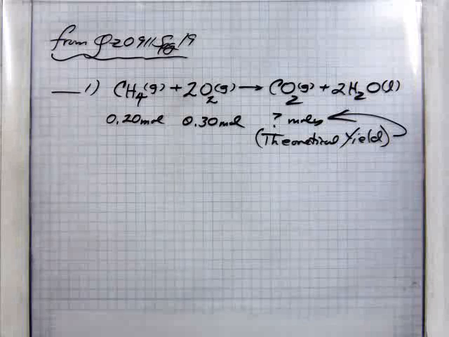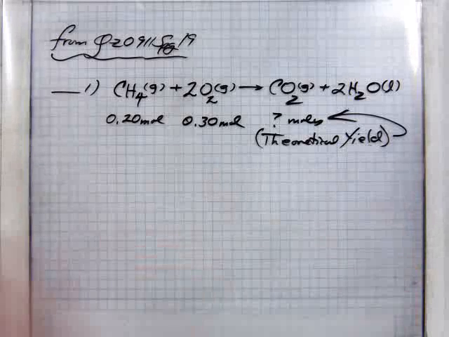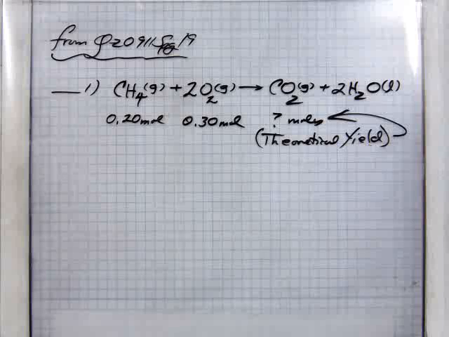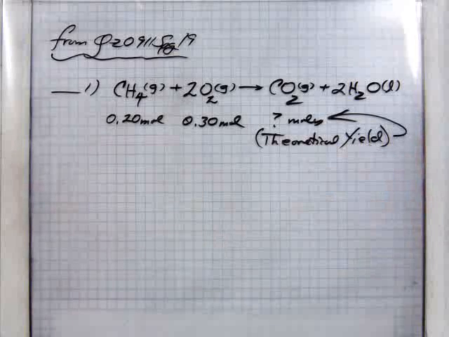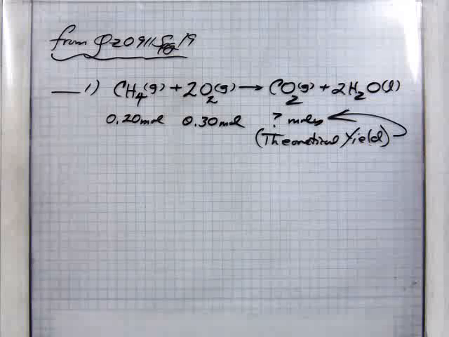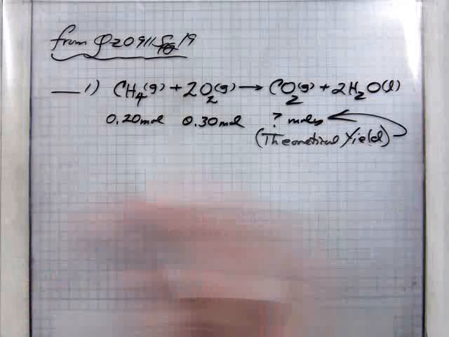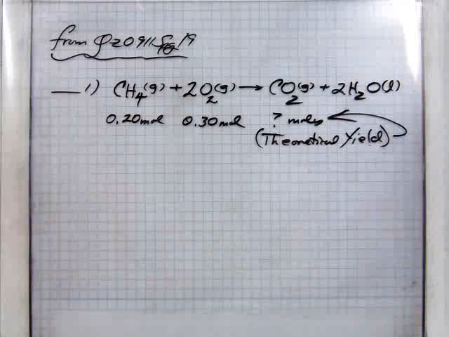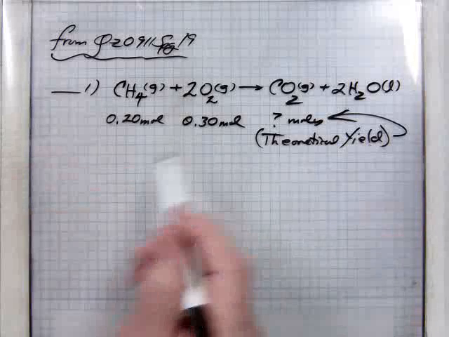Then there is actual yield, which is laboratory yield, some people call it, and that's the real value that you get out of a given reaction. And of course, you'll see that as part of the percent yield that you'll need to work on in one of the problems. Okay, so since everything's in moles, all we need to do is determine which one is the limiting reagent. So how do we do that?